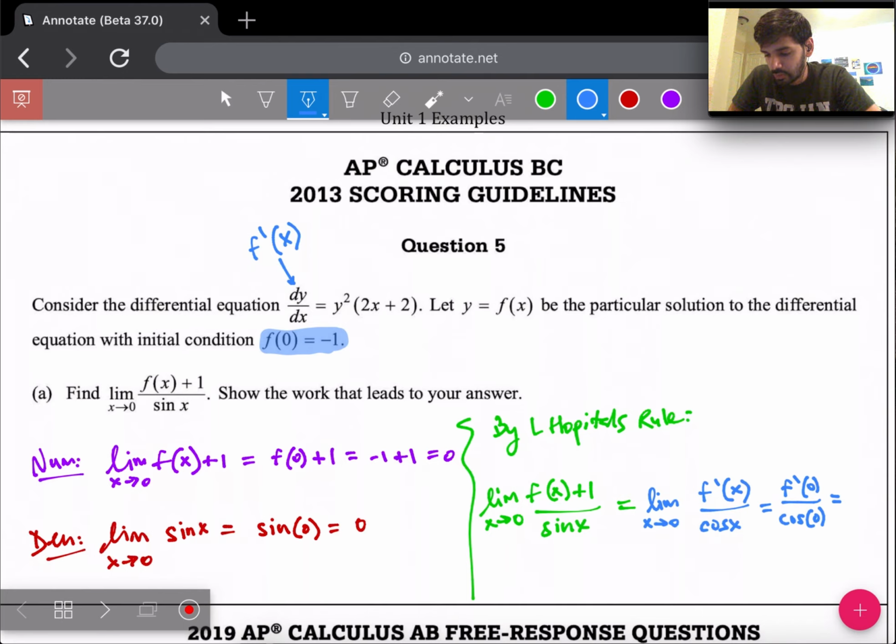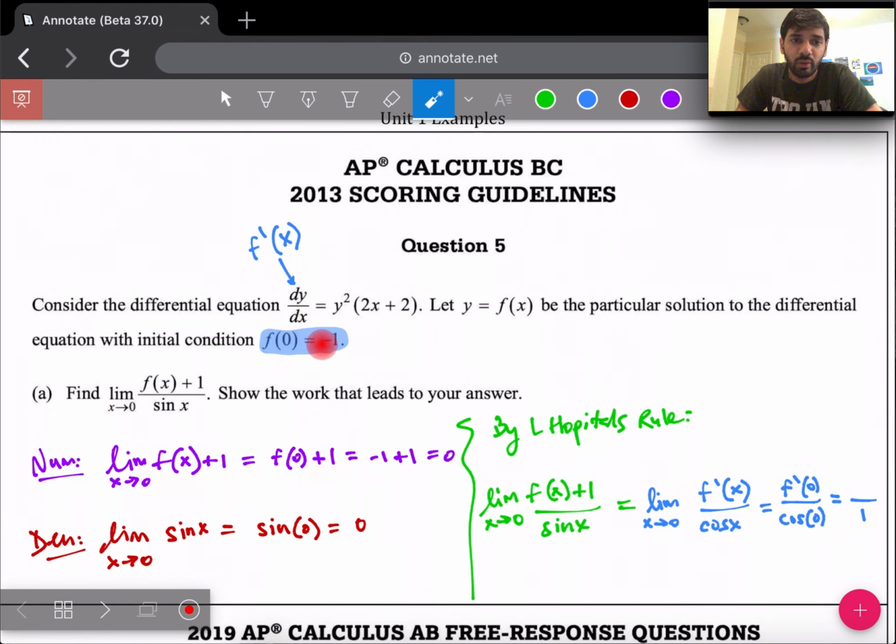So first off, I know what cosine of 0 is. It's 1. Cosine of 0 is 1. And then now I need to figure out what is f prime of 0. Well, f prime we wrote at the very beginning is right here. And I can plug in a 0 here for x. But now you might be thinking, why is there this y squared here? What do I need to do? If it's a differential equation, you'll need to plug in the x and the y value for that coordinate.